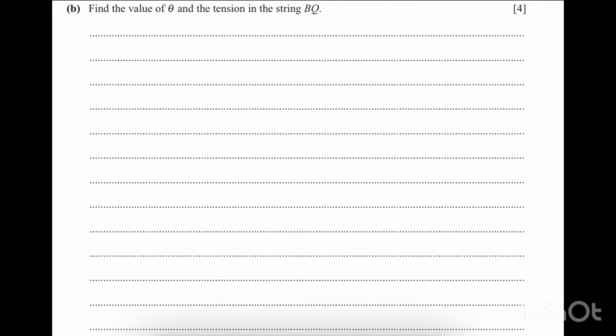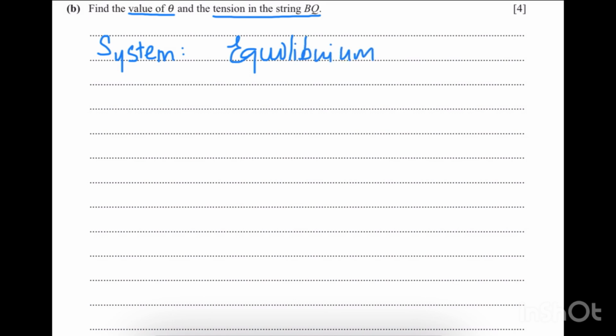This is part B of question number 4. It says we need to find out the value of theta and the tension in the string BQ. So over here we have two unknown variables. We will look at the entire diagram as a system, and the conditions are the same again, that it is in a state of equilibrium. So now the upward forces are equal to the downward forces and the rightward forces are equal to the leftward forces.